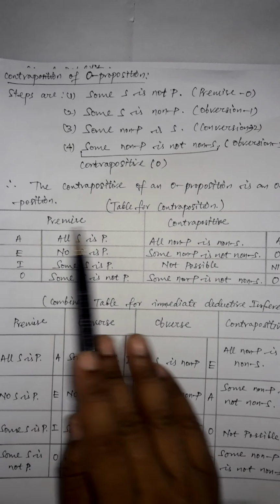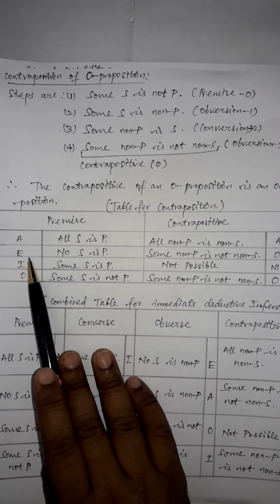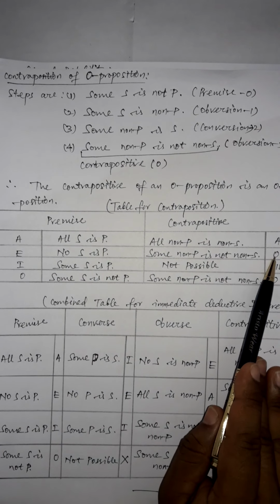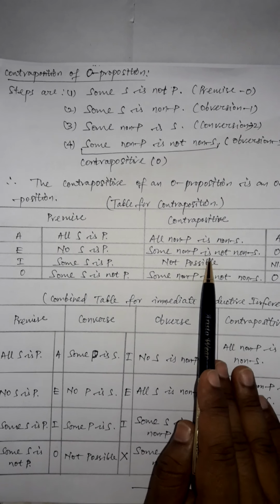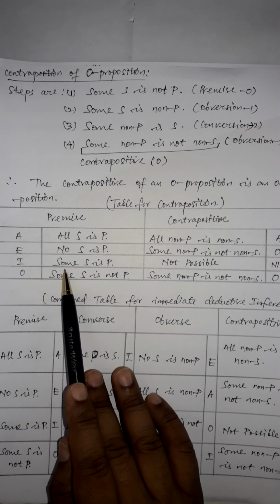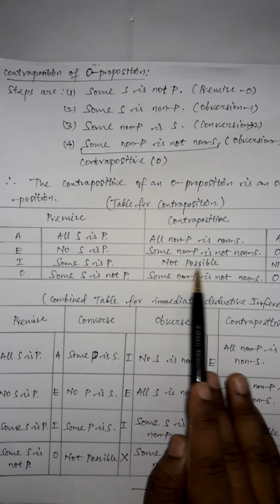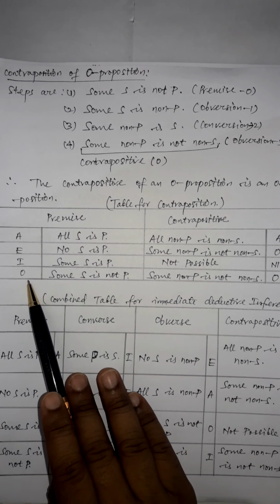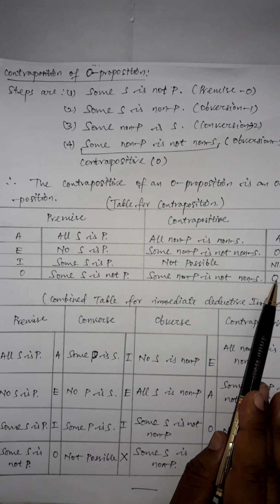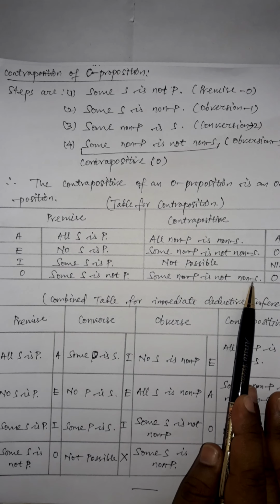So A premise becomes A contrapositive. E type premise, "No S is P", becomes O type, that means "Some non-P is not non-S". I type proposition, "Some S is P", does not have any contrapositive, its contrapositive is not possible. O type proposition, whose structure is "Some S is not P", is again an O type proposition, and the structure will be "Some non-P is not non-S".